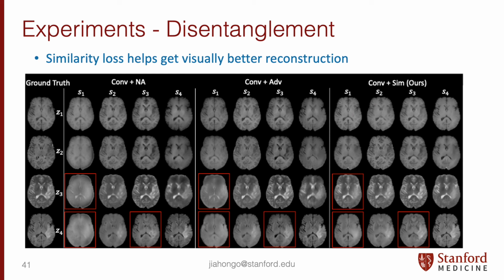We then evaluate the disentanglement by cross-reconstruction quality. Here is a visual example from BraTS dataset. Different combinations of S and Z make a 4x4 image matrix. As highlighted in the red boxes, using the proposed similarity loss achieves visually better cross-reconstruction quality.